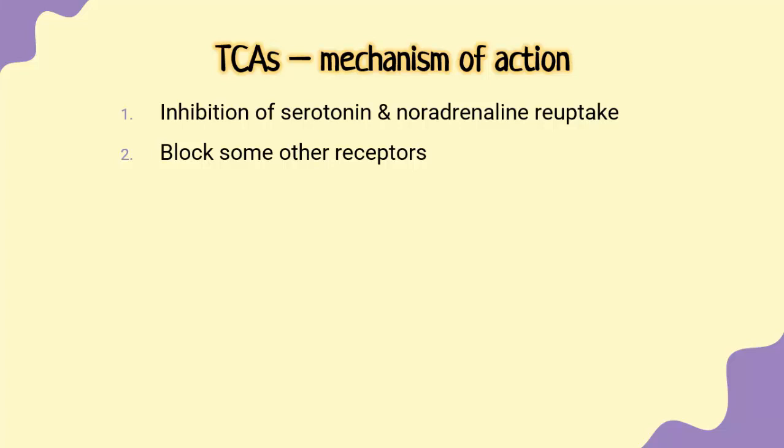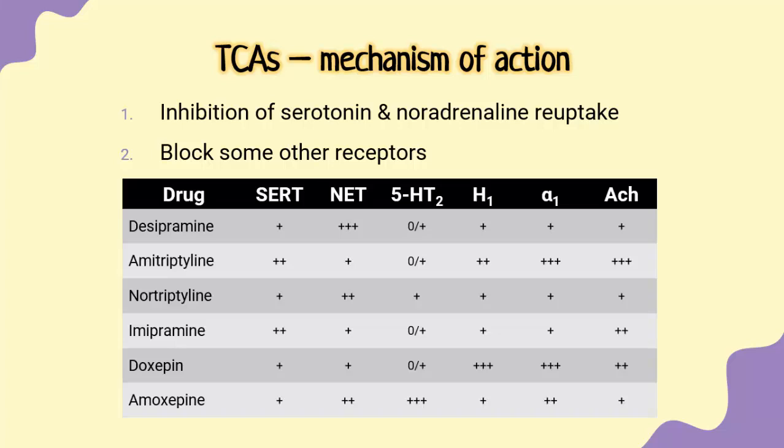Okay, so TCAs, the mechanism of action is not as specific as SSRI and SNRI. They inhibit serotonin and noradrenaline reuptake, but they can also block some other receptors as well. For example, amitriptyline can block the serotonin transporter. They can also block the noradrenaline transporter.